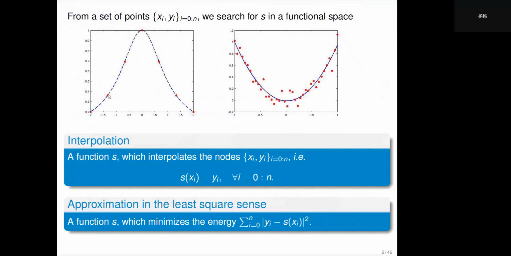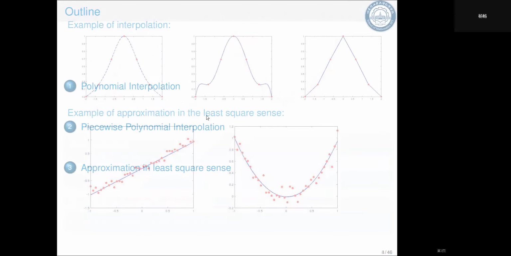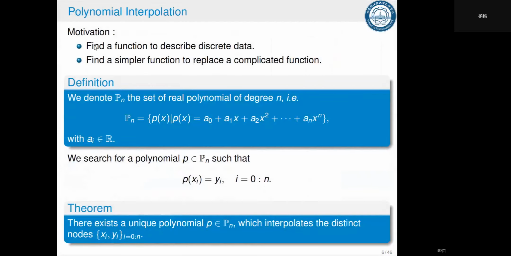You have some data like here, and you have no function to describe them. So you want to find a simple function to describe the feature of these points. This is the first motivation: to find a function to describe the discrete data.